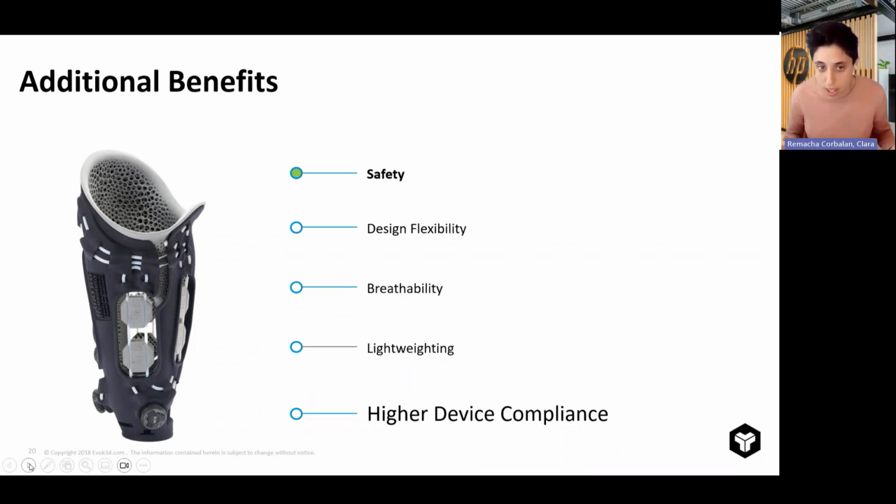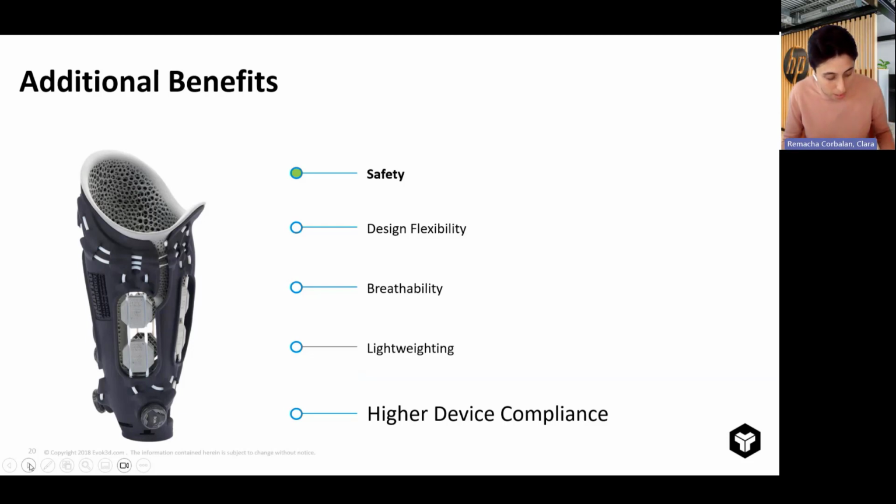This all comes for free. Breathability is also a benefit for the user. Lightweight, that's also a benefit for the user. And in the end, if you sum up all these things, this all leads to higher device compliance, which in the O&P world is what you're looking for.